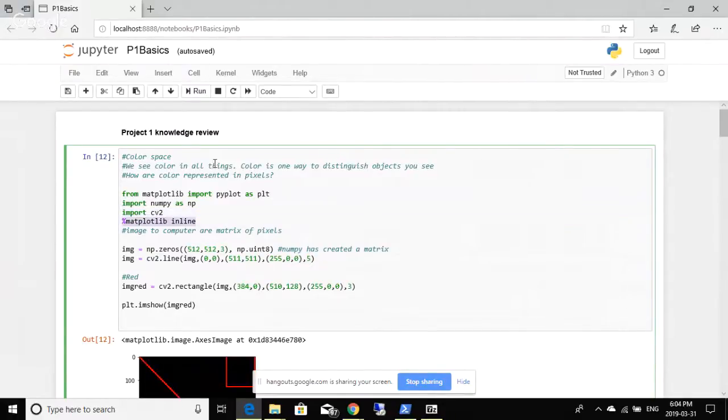This line is more or less for the iPad notebook, so that it will print all the stuff inline. Otherwise it will just print the object itself, like the matplotlib image, and not actually give you a graph.